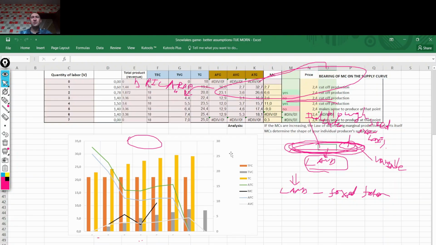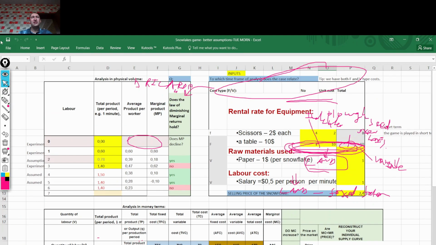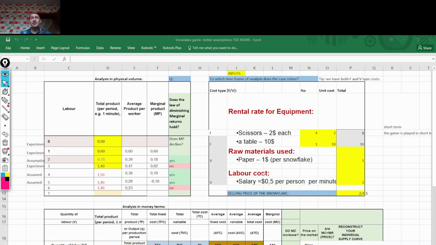We had a raw material in the form of A4 sheets of paper, and ladies cutting the snowflakes. We had a certain endowment of production equipment: a table and scissors, assumed to be in fixed supply.